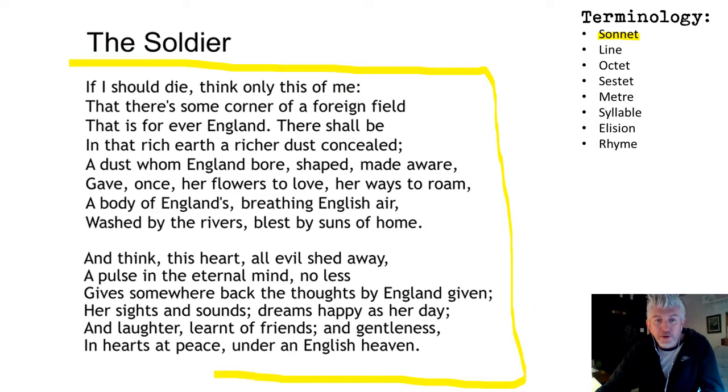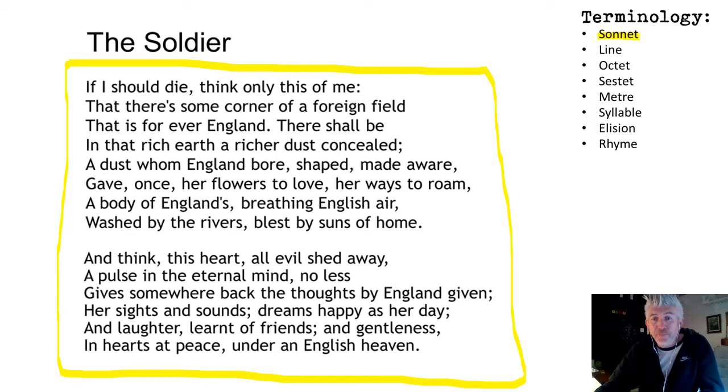The whole poem is a sonnet because it's got the right number of lines, which is the main characteristic of a sonnet. It's got 14 lines. Pretty much any poem that's got 14 lines is called a sonnet. There are some other things that we'll learn about today that also make it a sonnet, but the 14 lines is the key one.